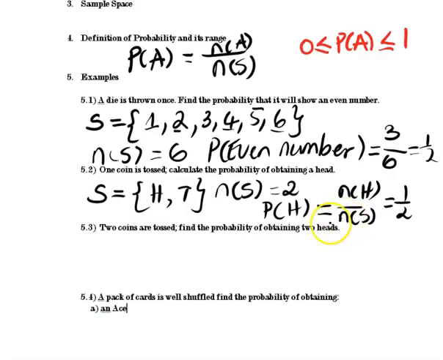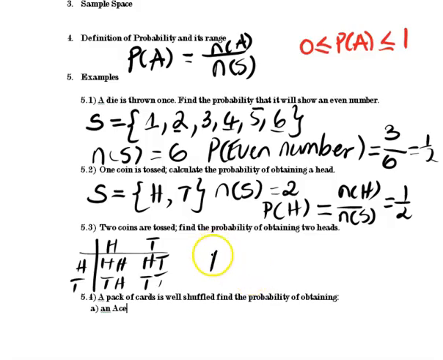In the third example, 2 coins are tossed. Find the probability of obtaining 2 heads. If there are 2 coins, we need to look at the possibilities. So we can have a head and a head here, head, tail here, tail, head, tail, tail.